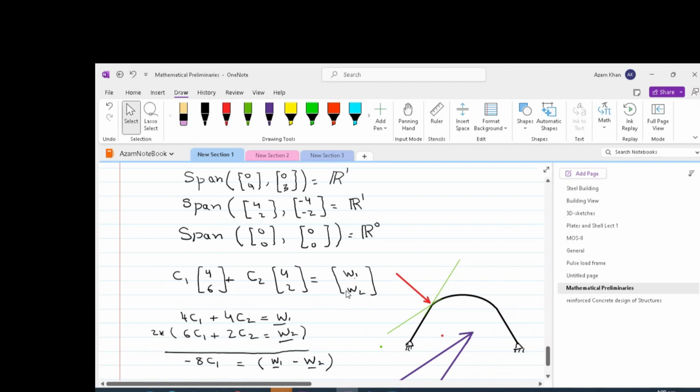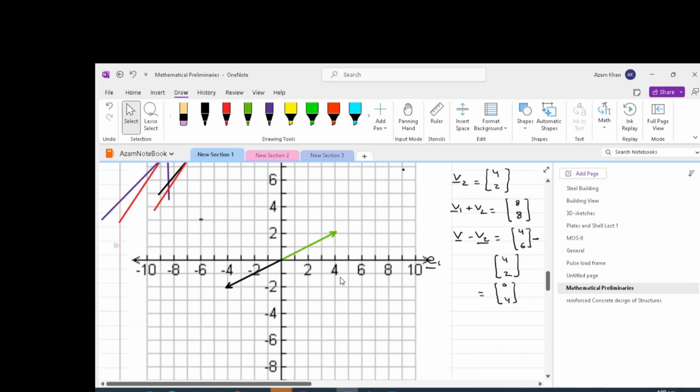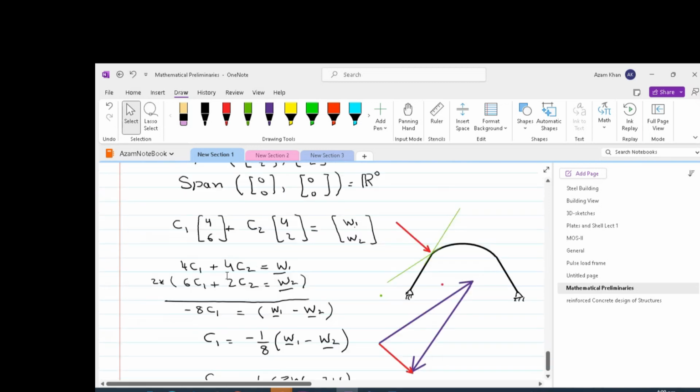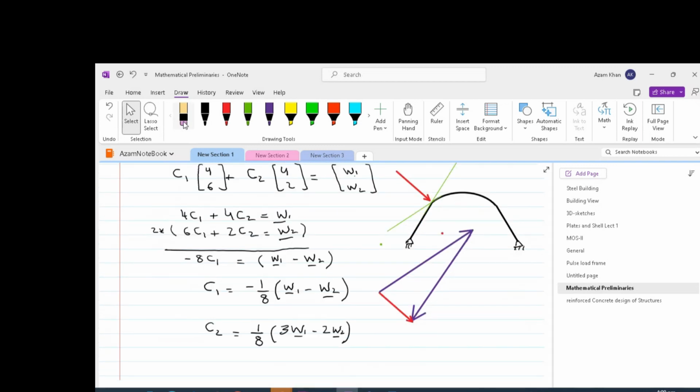This is a general vector which can be anywhere within E1, E2 space. We can determine the values of C1 and C2 in terms of W1 and W2. Please note that W1 and W2 are the components of vector W.